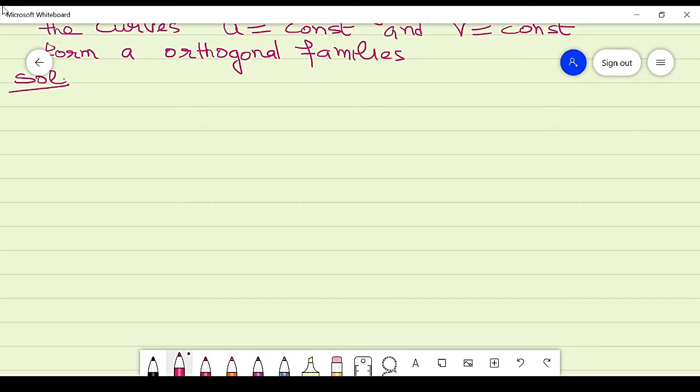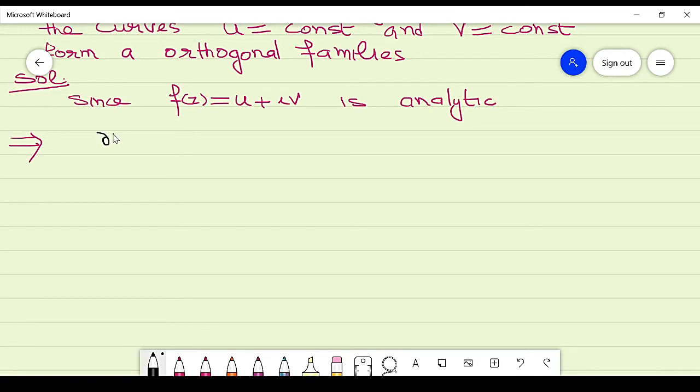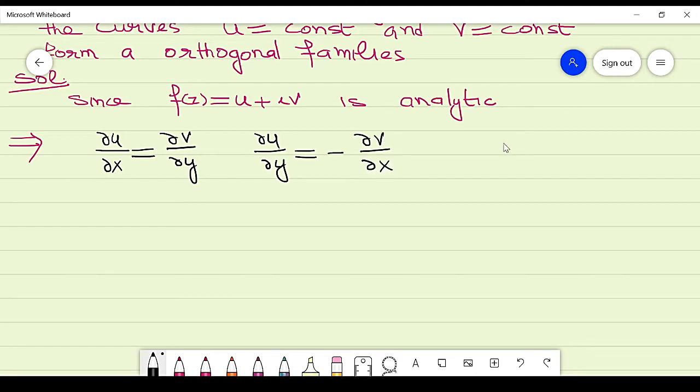Now since f(z) equal to u plus iota v is analytic, it satisfies the Cauchy-Riemann conditions: ∂u/∂x equals ∂v/∂y, and ∂u/∂y equals minus ∂v/∂x.